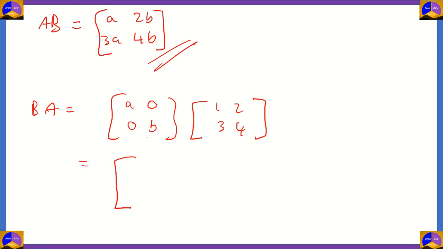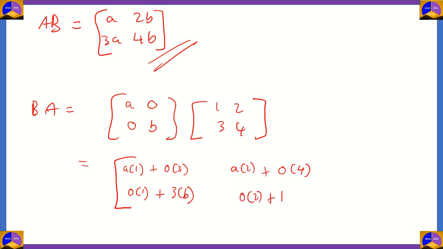So now it is a times 1 plus 0 times 3, and then a times 2 plus 0 times 4, 0 times 1 plus b times 3, and then 0 times 2 plus b times 4. So therefore the matrix BA will now be equal to a, 2a, 3b, and 4b.